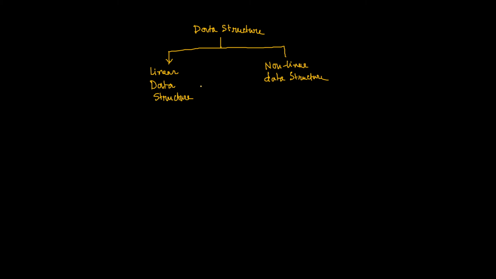So what is this linear data structure? You can say that in case of linear data structure, data are organized in sequential manner.